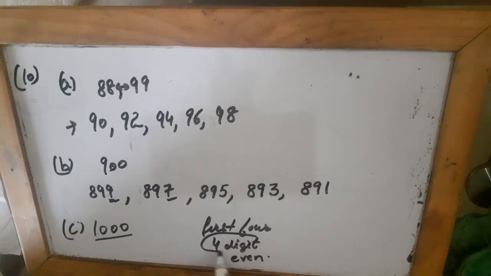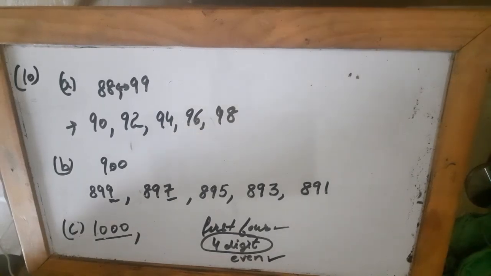The 4 digit numbers start from 1000, the first number with 4 digits, so 1000. First I have to find 4 even numbers, so this also is an even number only.